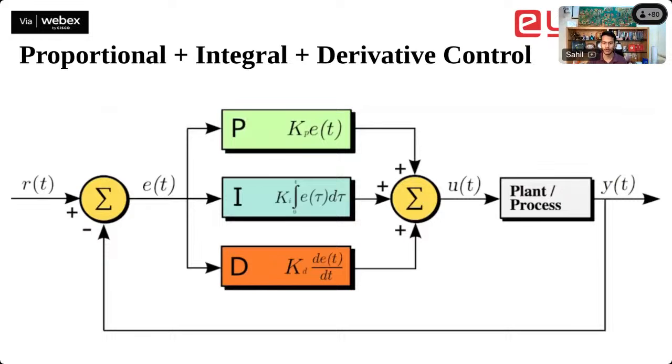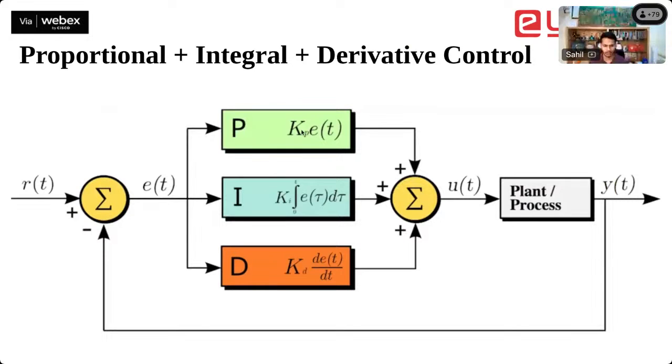P and D are done together, and you find the output with that. So when do you use PD control? PD is used in systems where predictive damping is important, but you don't need to eliminate long-term error. Example: a robotic arm movement where you require a faster, smoother response as it won't damage the arm.